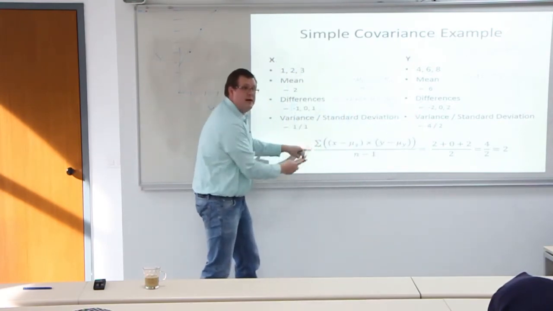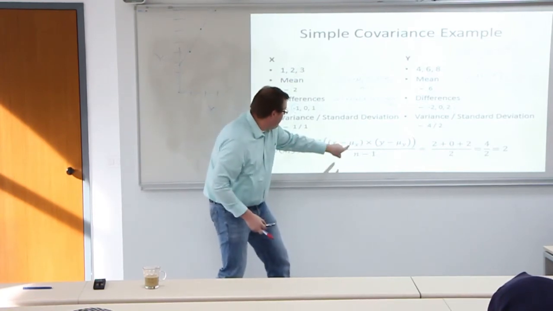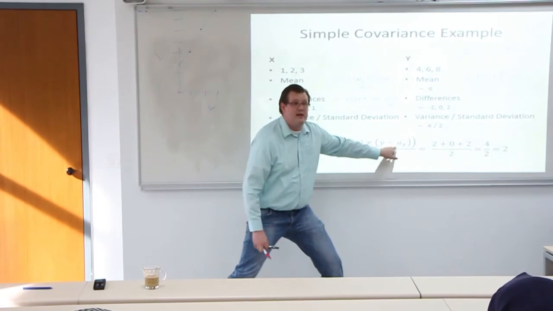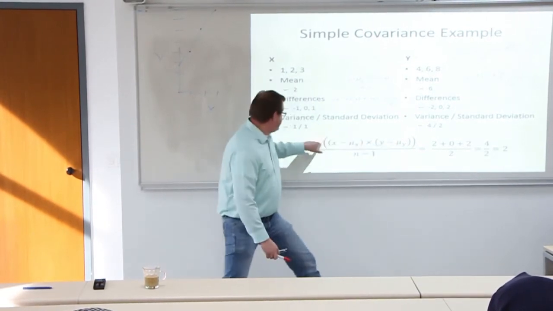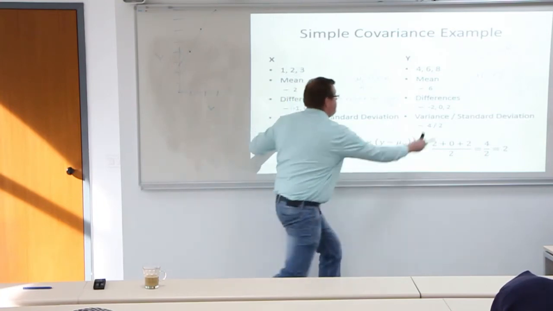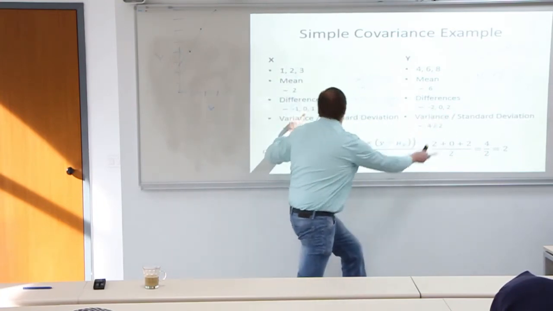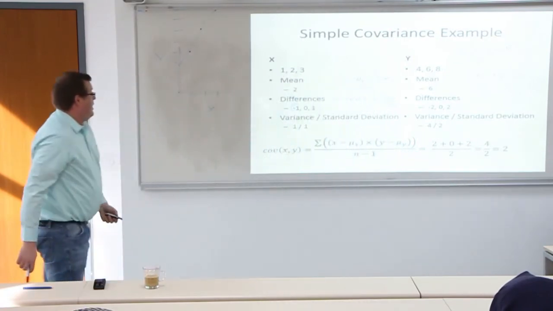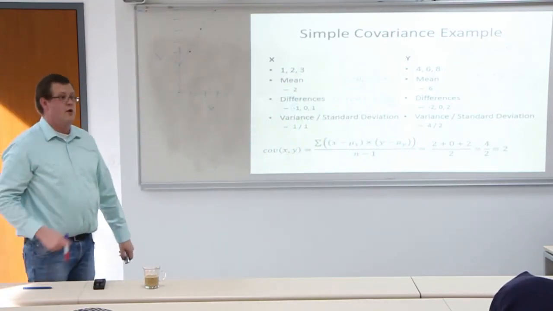So this sum means for each, multiply each difference of x with the corresponding difference in y. The sum, so you're going to do it for each one that you have. So multiply this one by this one, that one by that one. And there you go. 2.